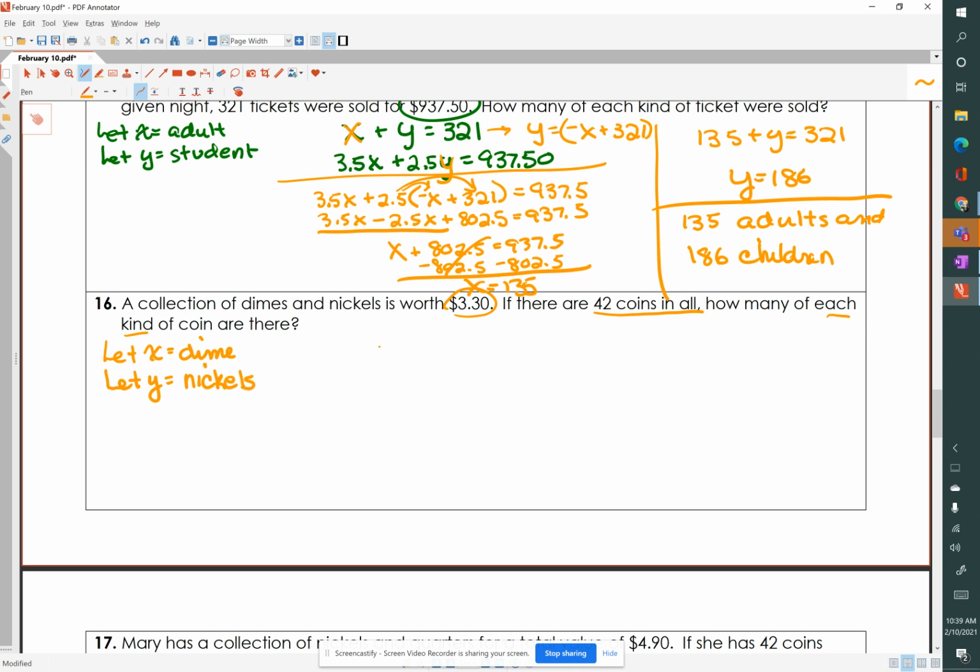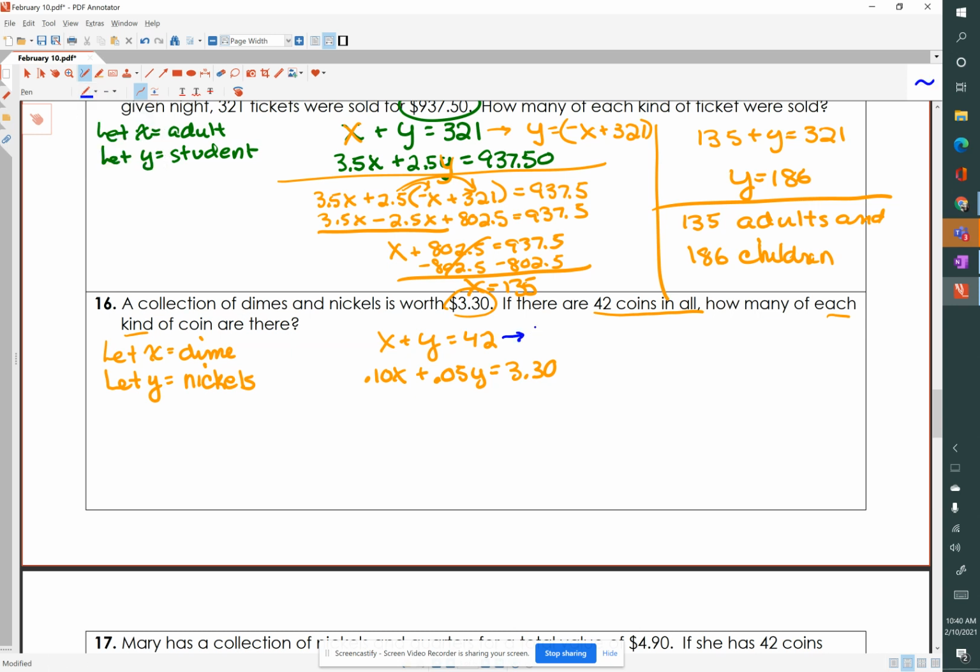And there's 42 coins in all, so x plus y equals 42. And dimes are worth 10 cents, so 0.10x plus nickels are 5 cents, 0.05y equals, and they said this collection is worth $3.30. So again, this is a really good one for substitution.